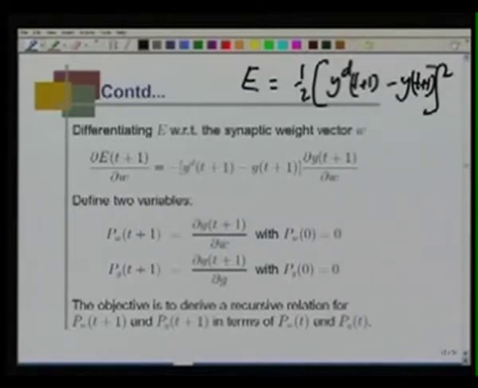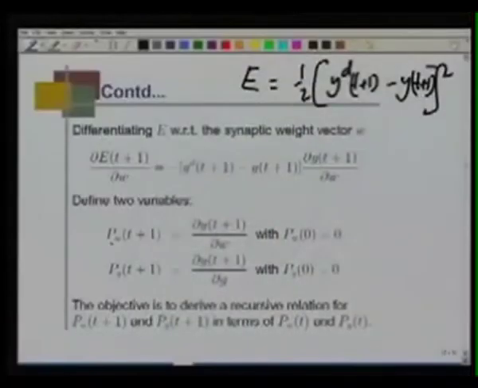Now, we will define two terms, which are actually gradient terms. Pw t plus 1 is the gradient term at t plus 1, and it is defined as del y t plus 1 upon del W, not del E. Please note, we are not defining it as del E, but as del y, the response of the unit or neuron, the partial derivative.